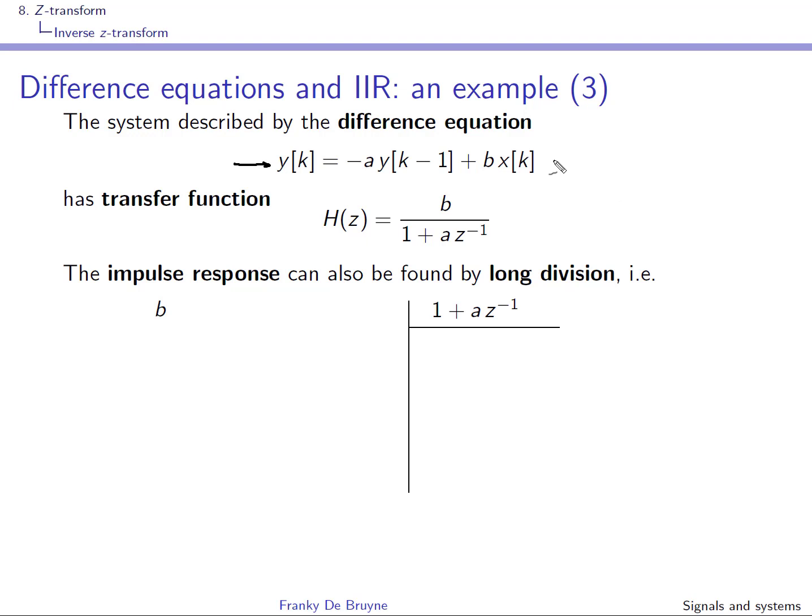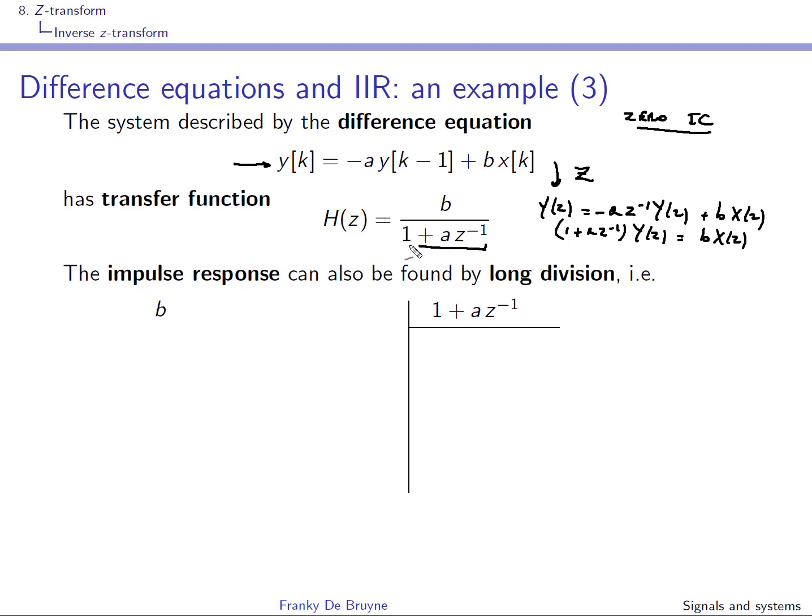Remember that if you take the Z transform, you'll have Y(z) is equal to minus a, we shift to the right, so we'll have z to the minus 1 here, Y(z), and here we assume 0 initial conditions, plus bX(z). So we can rewrite this as (1 plus a z to the minus 1) Y(z) is equal to bX(z), and indeed you see here that the transfer function is given by this expression.